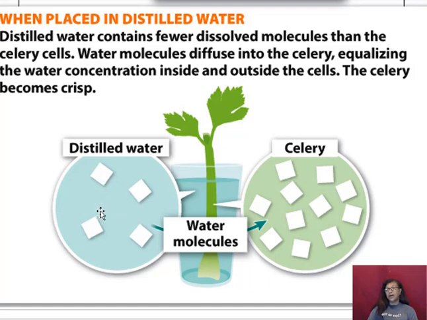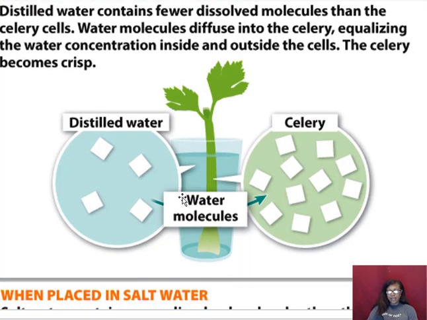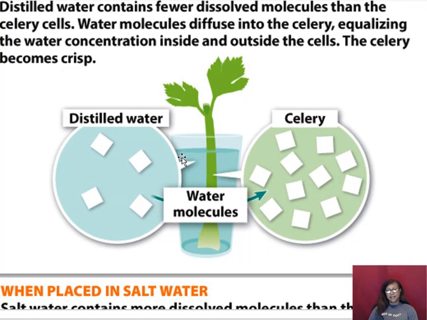Where's the water going to go? The water's going to go where the party is, where the particles are. It's going to go into the celery, right? And the celery becomes crisp. There you go. Just solved the problem.